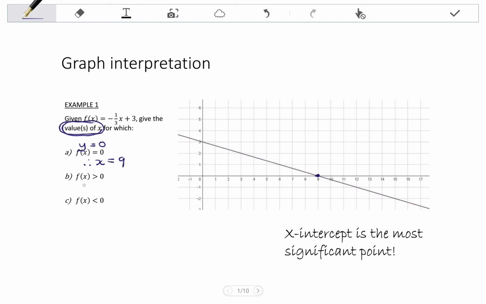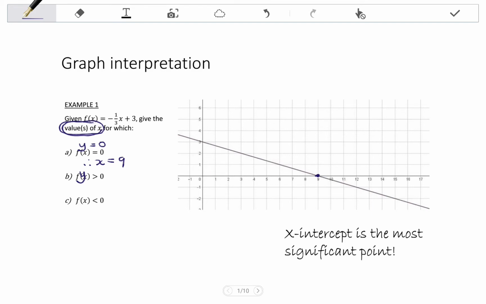The next question says, where f of x is greater than 0. Now, f of x, remember, can be replaced with y. Now, where is y greater than 0? Greater than 0 means positive. So where are the y values positive? They are positive above the x-axis.